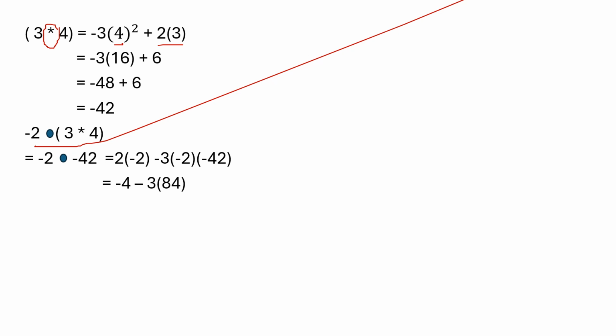Simplifying, we had negative 4 minus 3 into bracket 84, and simplifying further, we get negative 4 minus 252, and when we simplify further, we have negative 256, please, negative 256. So the left hand side answer we had is negative 256.